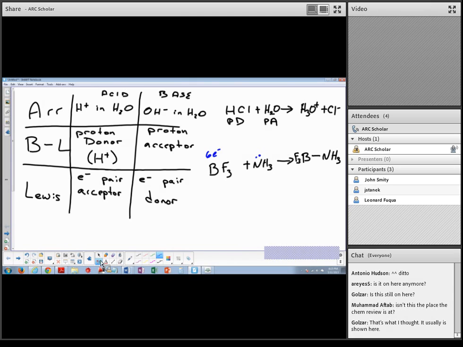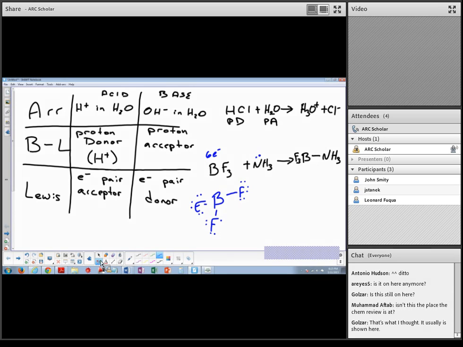If you were to draw out the structure here, you have boron, fluorine, fluorine, fluorine, right? The fluorines all have octets. The boron only has those 6 electrons from the bonds, and boron's okay with that.